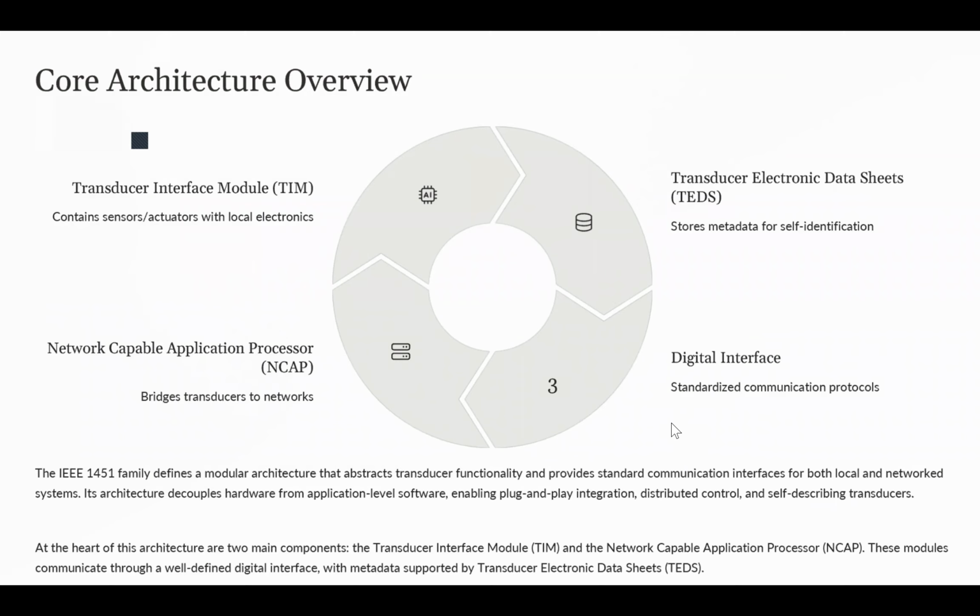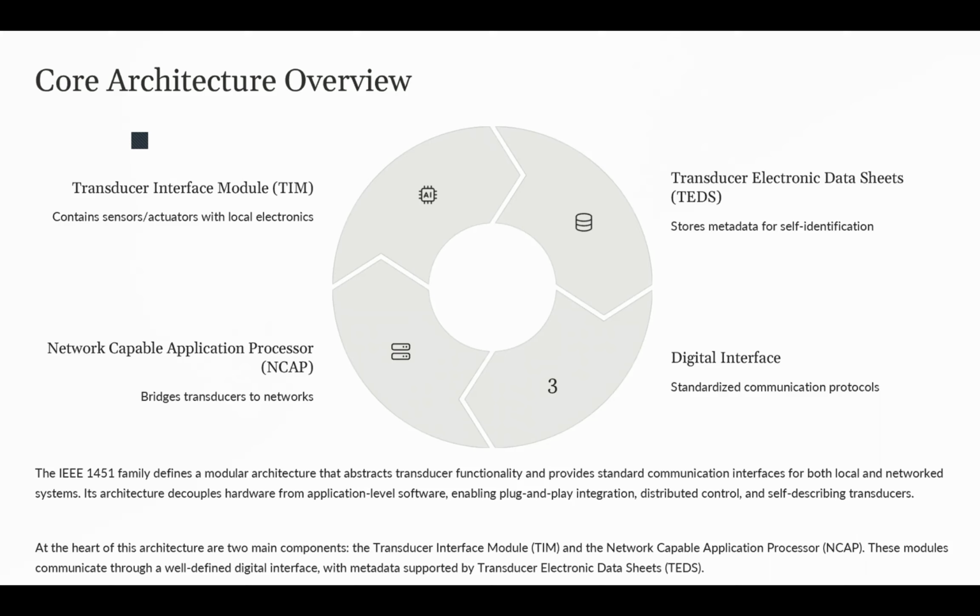The architecture of this standard includes several fundamental aspects. The first one is the transducer interface module, which we call TIM, which is the interface of the smart sensor or actuator in our system. We have TEDs, the transducer electronic data sheets, which are digital metadata that describes the transducer that we have.